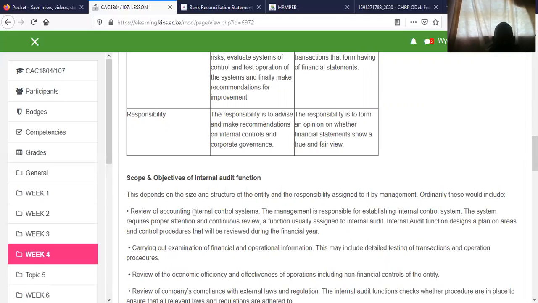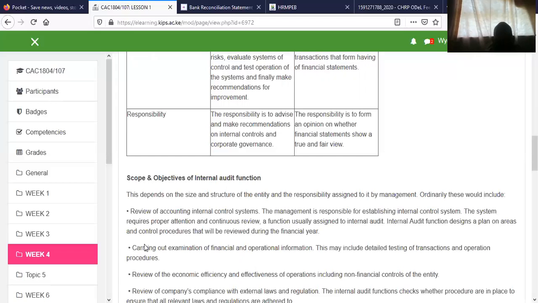So the scope of the internal audit is actually to review the accounting internal control system. How are the payments made? How are the salaries and wages paid? How is the fixed asset schedule prepared, so that at the end of the day, no finances are lost or no assets are lost?